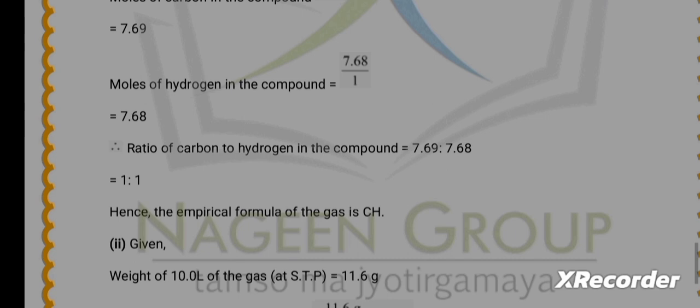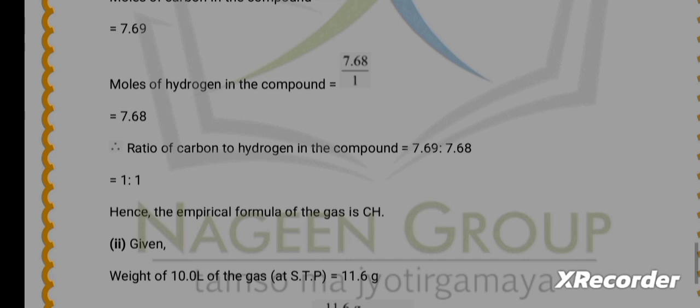But we know that any gas at STP occupies 22.4 liters, and whose mass is equal to its gram molecular mass.